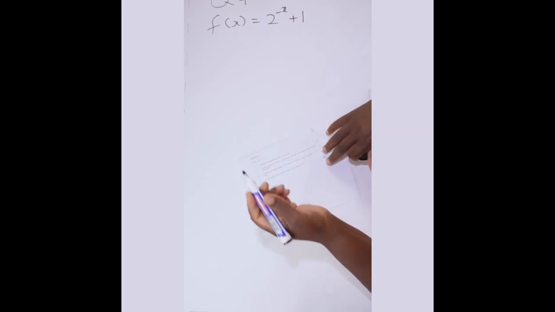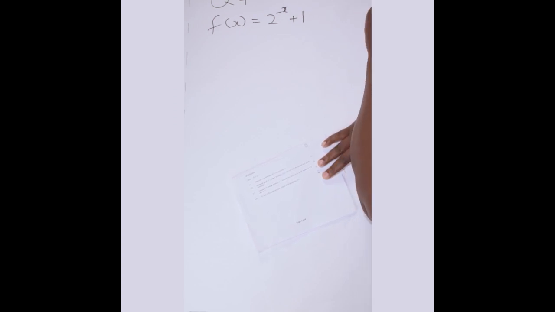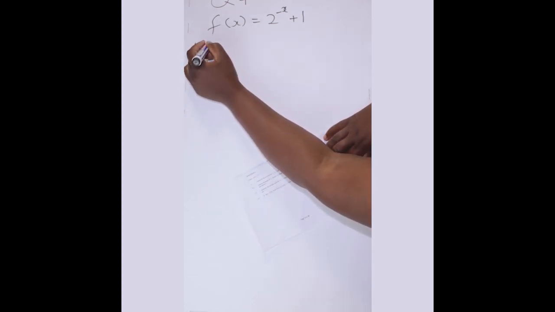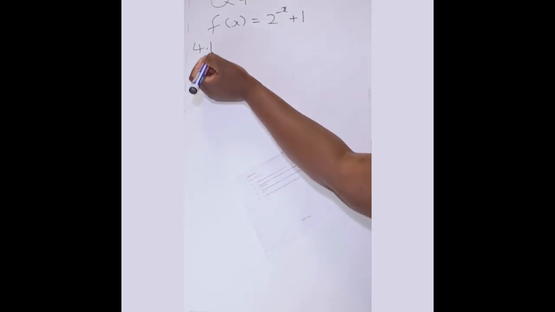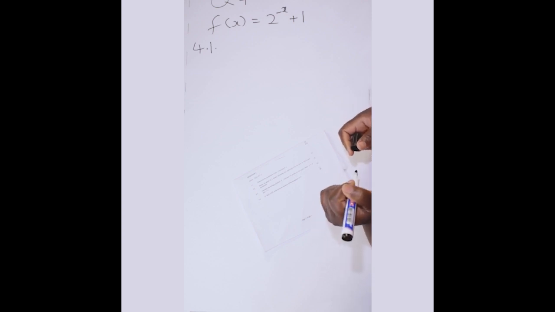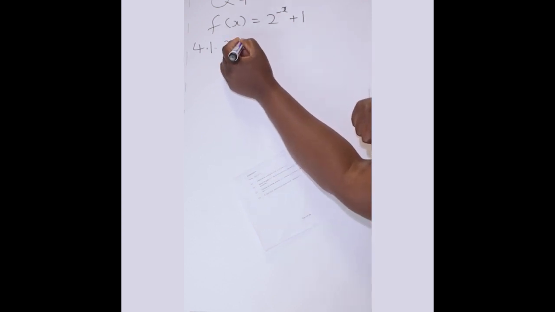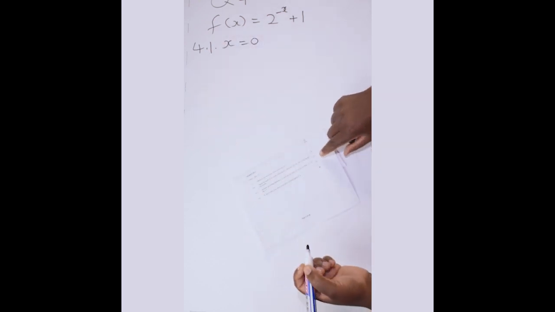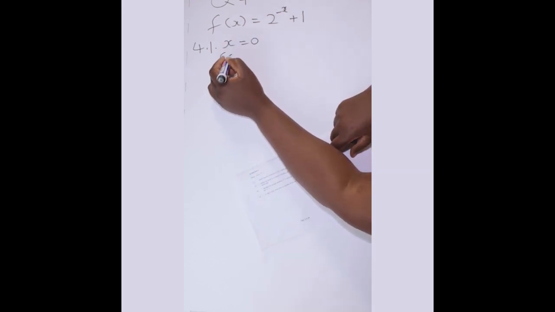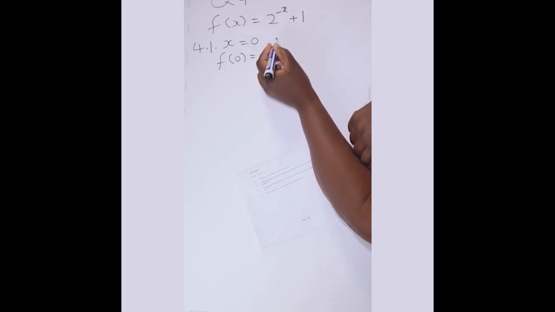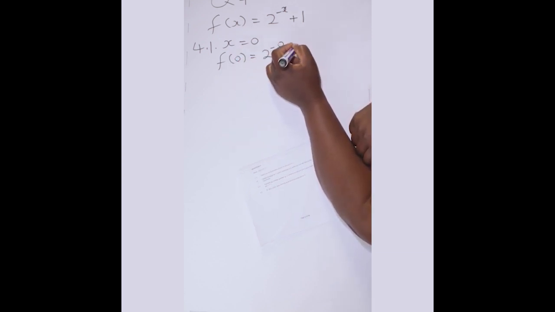Now, in the exponential, what we are asked to do here is to determine the coordinates of the y-intercept. So that is 4.1. Remember, when you are finding the y-intercept, you must always let x be 0. So to be safe, you can use f of 0 equals 2 to the negative 0 plus 1.